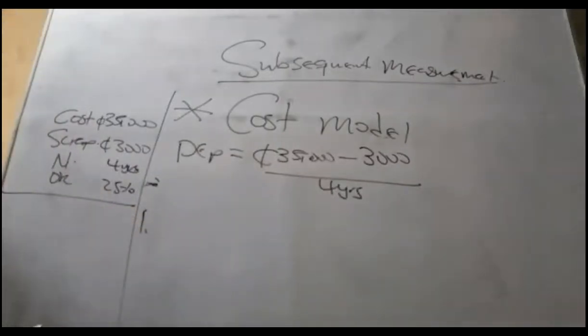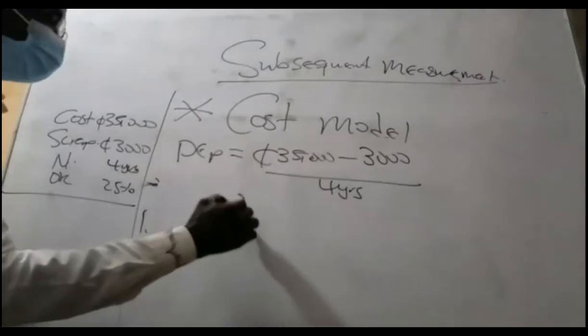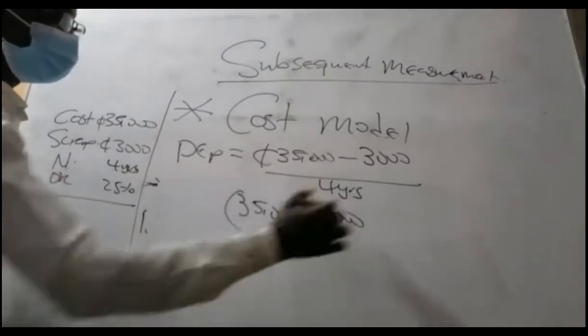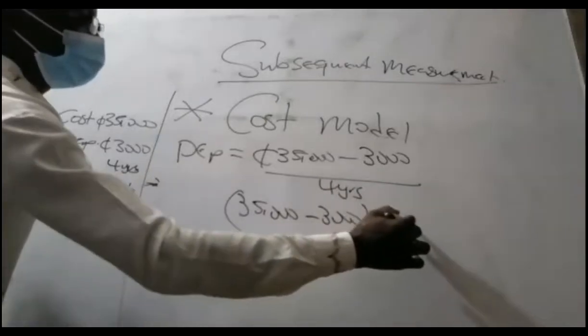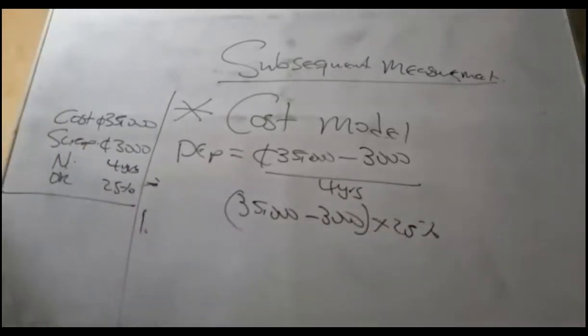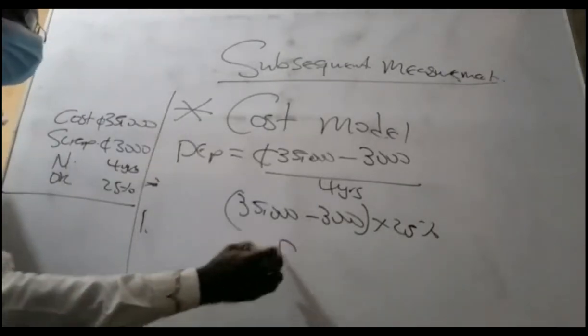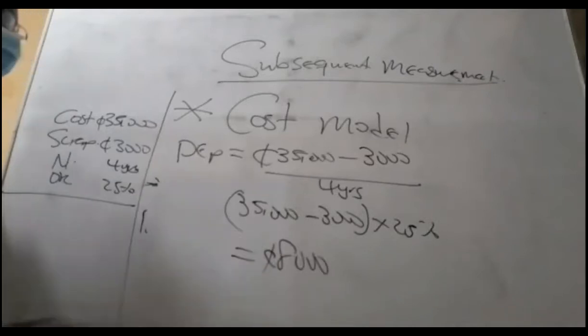Then you are done. Or you can also tell the examiner that is 35,000 less 3,000 times 25%. If they give you a rate, you multiply. They give you the years, you divide. And all of this will give us 8,000. So basically, this is how you calculate depreciation using the straight line method.